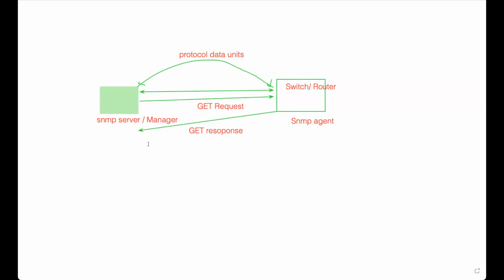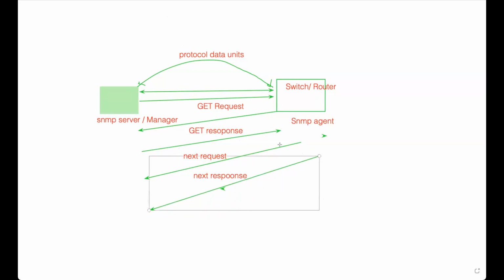And now next, this will send next request. And this will send back the next response. And then it will send the trap or inform message.